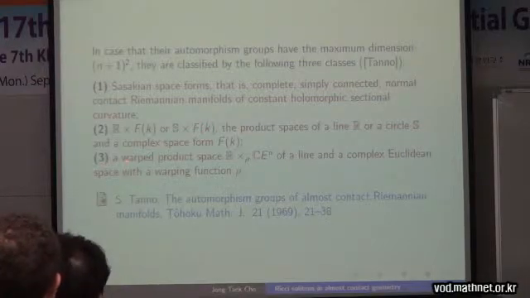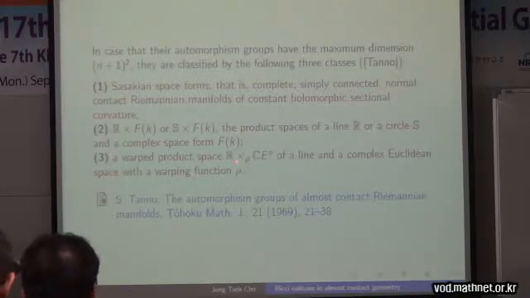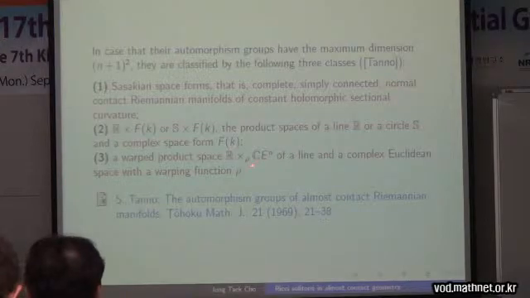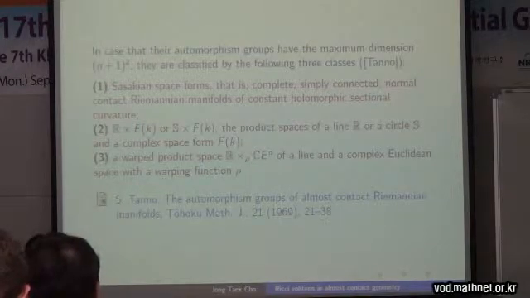The third one is a warped product space of the real line and complex Euclidean space by a warping function rho. Here rho is the exponential function of r times positive constant factors.